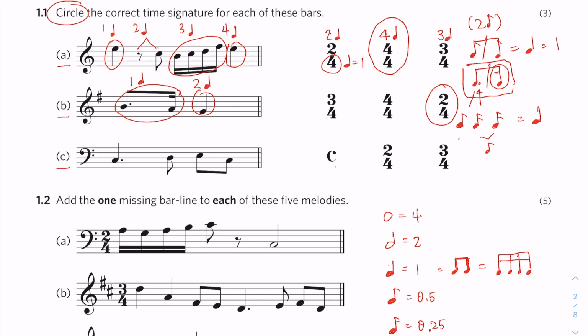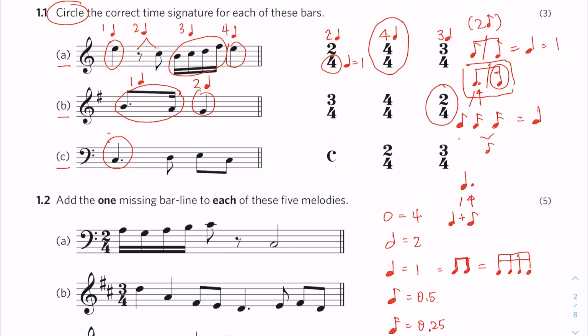So for question C, we've got this one here. We cannot separate it because that's how it's written. And what is this? Here we've got this plus a dot. First of all, we've got a crotchet, and like we said earlier, the dot is always half of the note it follows. So half of a crotchet is a quaver, meaning it's 1.5.